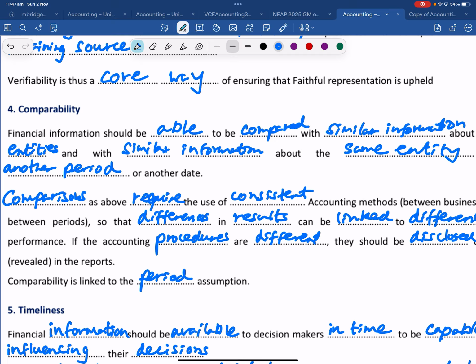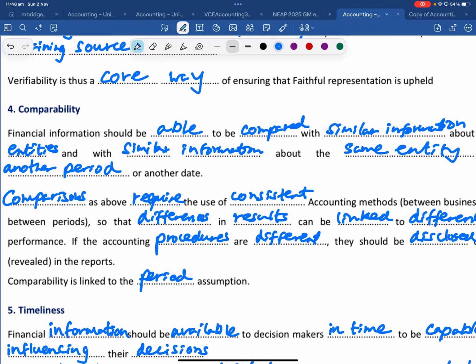So in order to compare the information, we should have the same set of rules, because if the rules are not consistent and any difference occurs, then we don't know whether the performance difference occurred due to the change of the rule or because the performance actually changed. Make sense?